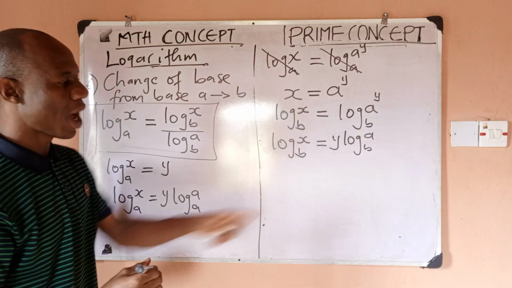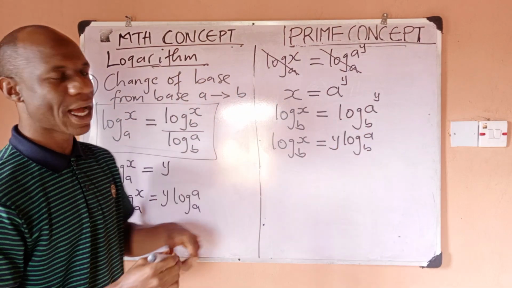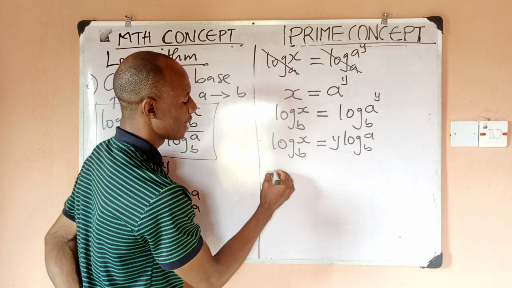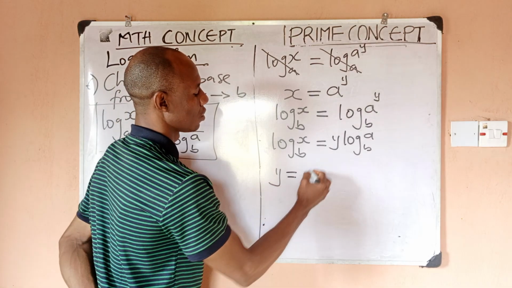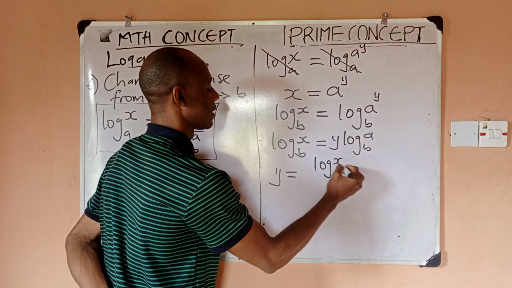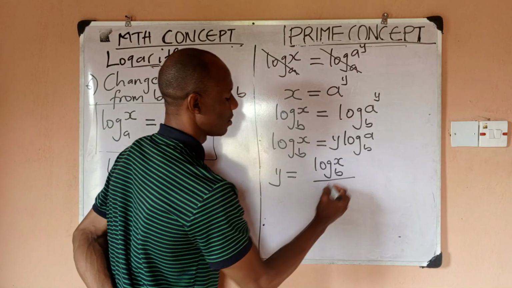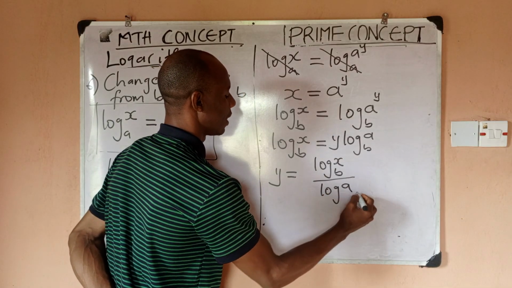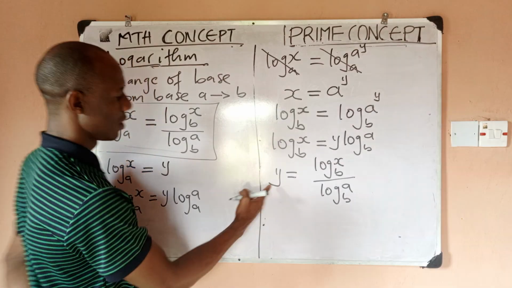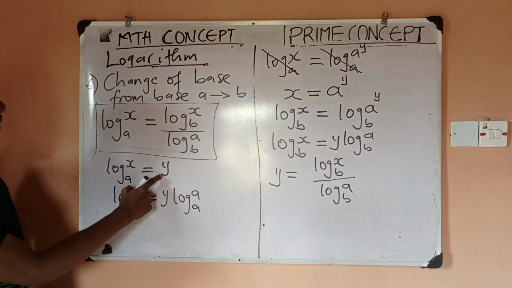Now I want to make y the subject. So if I make y the subject, I would simply have that y is equal to log x base B divided by what now? Log A base B. This is what I would have. But what is our y? You've noticed that y is this.